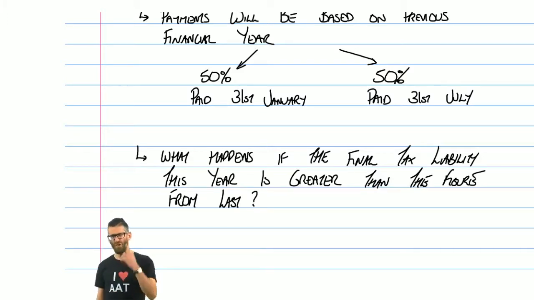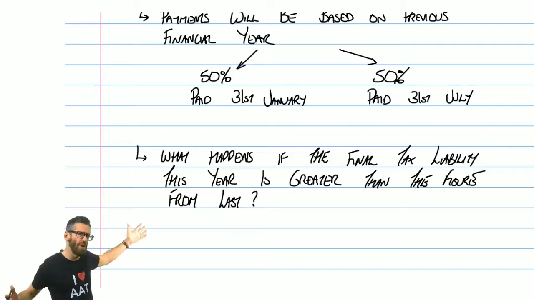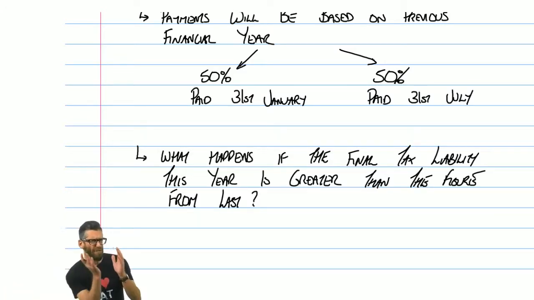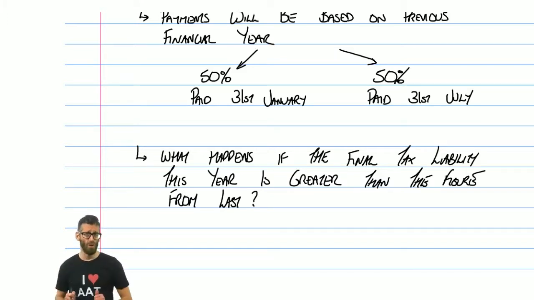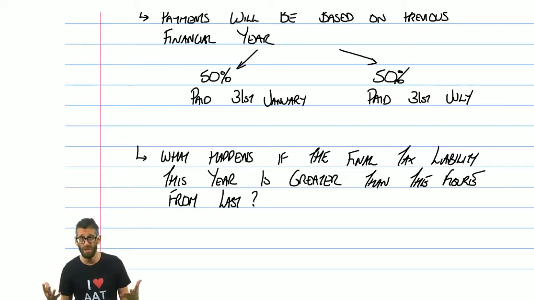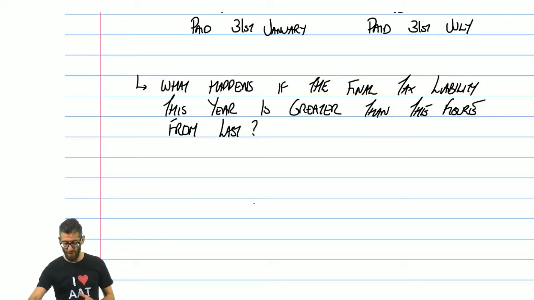What happens if the final tax liability, so for instance, we're assuming last year we made 10,000 or we were liable to pay 10,000. So we pay 5,000 of that on the 31st of January, 5,000 on the 31st of July. That's all very well and good. But if this year we actually had to pay 12,000, well, we've underpaid. And so what happens if the final tax liability this year is greater than the figure from last year?